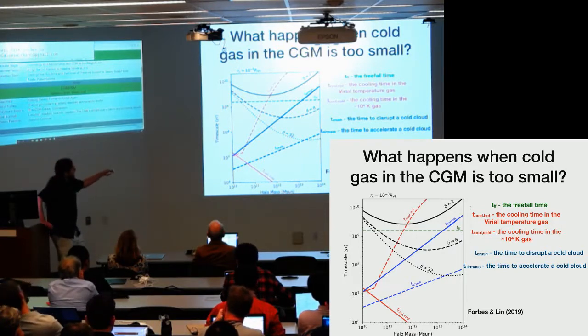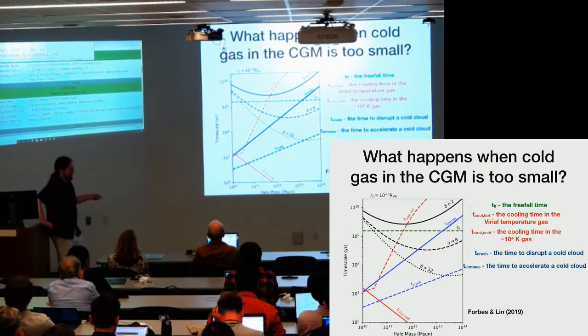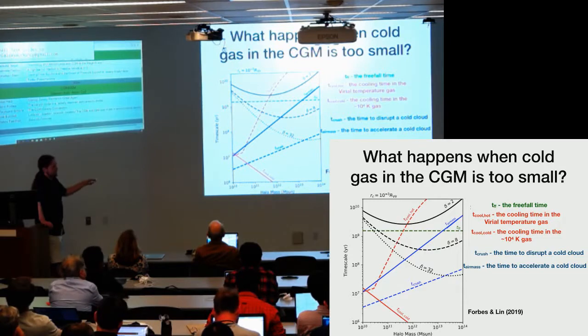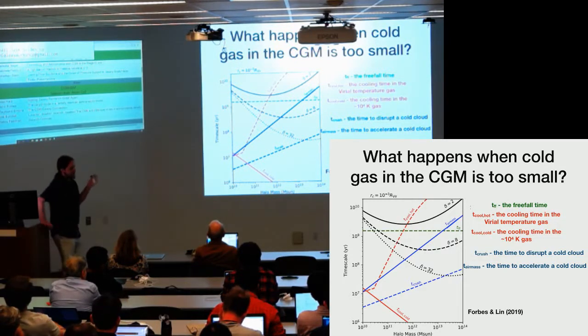You can see the classical result that the cooling time becomes longer than the free fall time around this magical halo mass of 10 to the 12. So to the right of this point is where we expect hot halos to form. Now the question is, in this rudimentary CGM model, what happens if you put in a cloud?